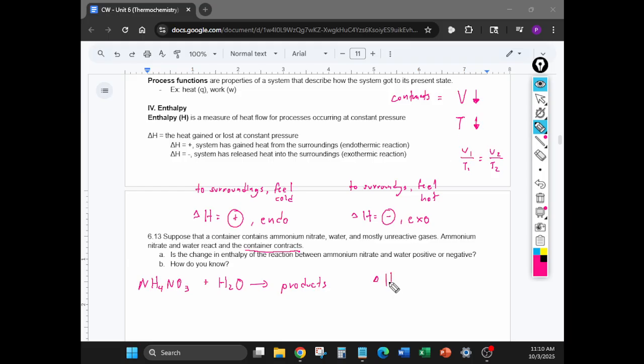If temperature is going down, what's happening to the enthalpy? Is it positive or negative? Yes, it is losing energy. And so that's part A. It's identifying that if the container is contracting, the temperature is going down. If the temperature is going down in the system, that means the system is losing energy.